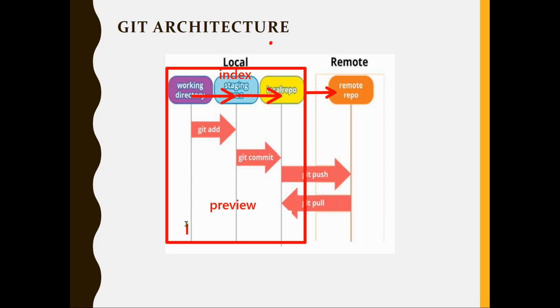Suppose in the working directory you have some changes, say 10 files, and you want only 5 files placed in the local repository. You move only those 5 files to the staging area, or index area, a virtual layer. Whatever is in the staging area will go to local, so you have better control over which changes go to the local repository.